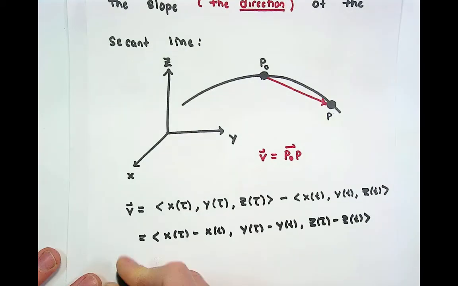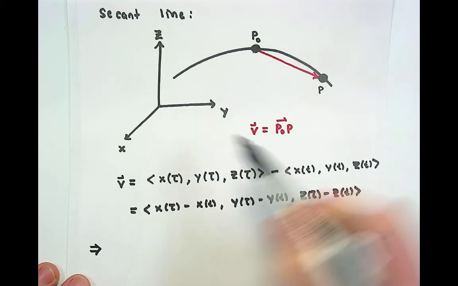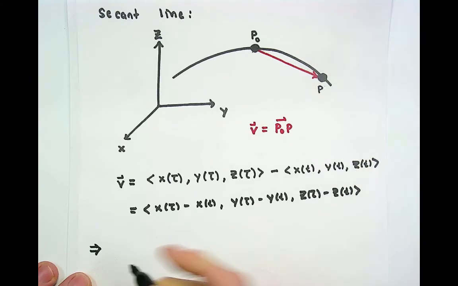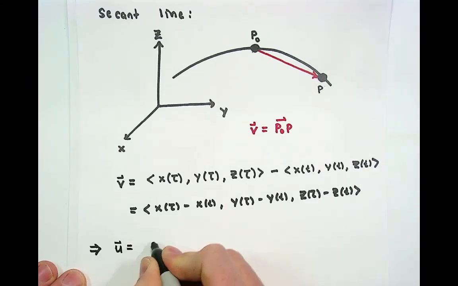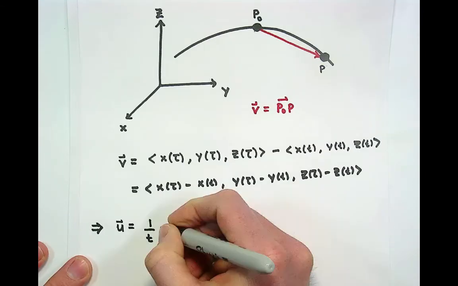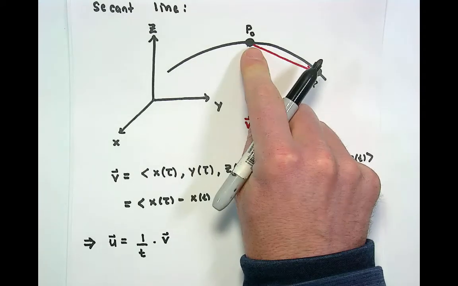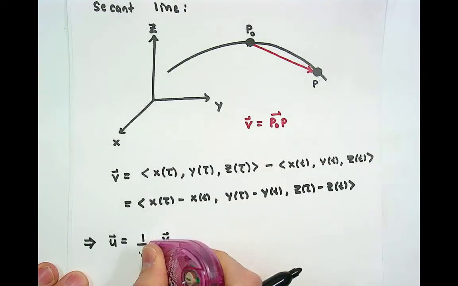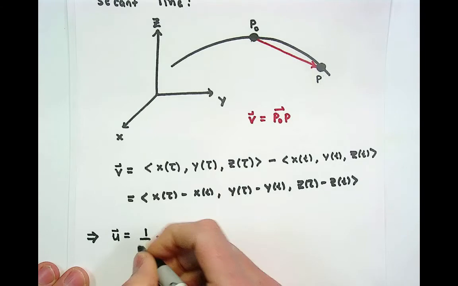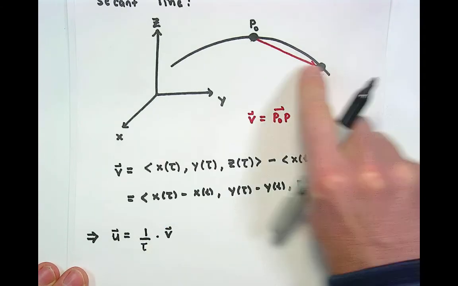What's really cool about this is that because direction is defined to be any scalar multiple, we could also define a vector, perhaps we call it u, which is 1 over tau times the vector v. Of course, we're going to assume that tau is non-zero.